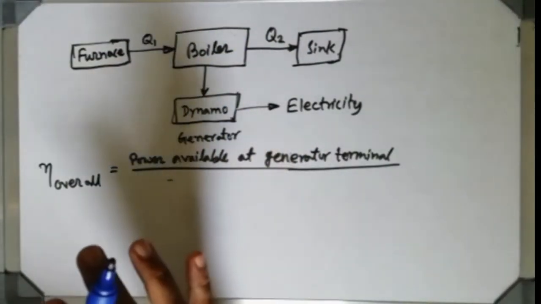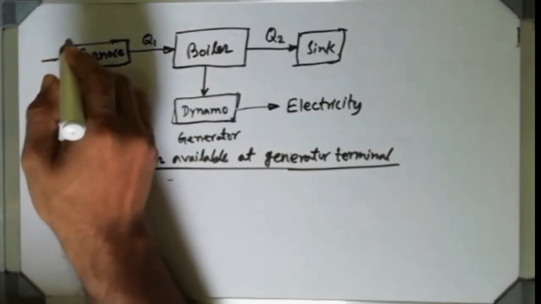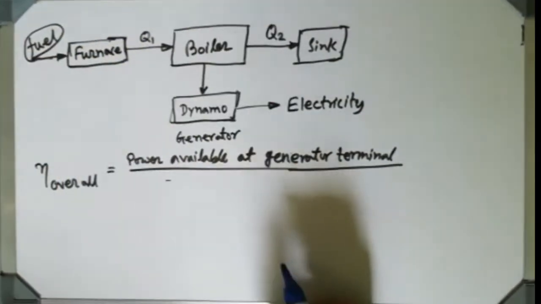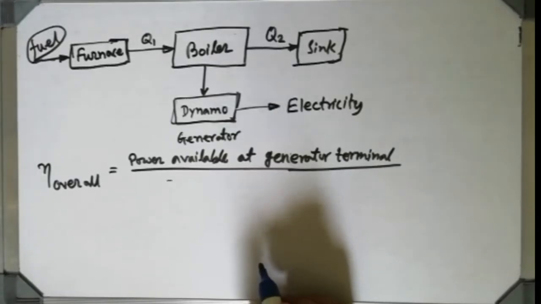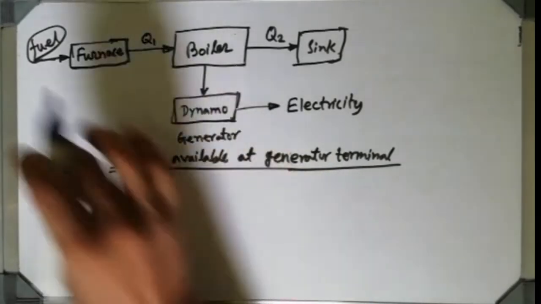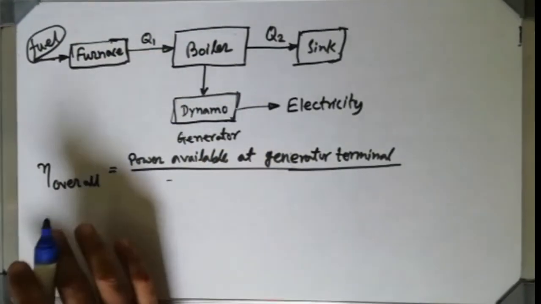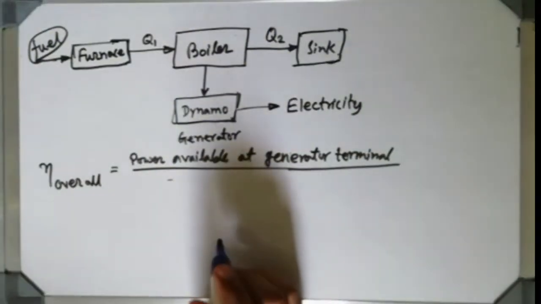So obviously in terms of the furnace, what you are giving inside the furnace is lots of fuel. So what amount of energy you are getting out of this fuel, that is the main input to that particular furnace. And overall efficiency always deals with the ultimate output to the initial, the basic input.